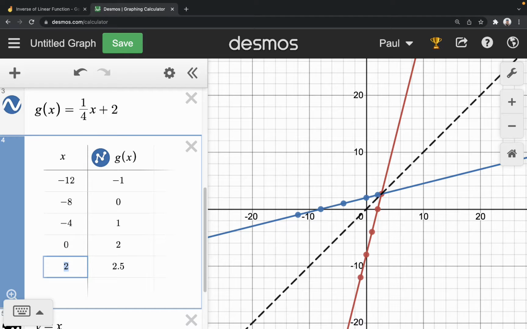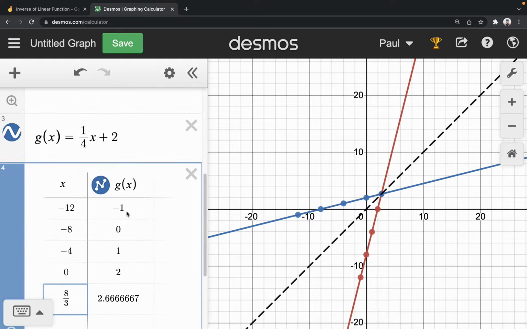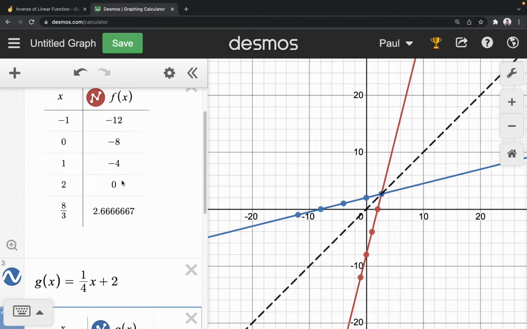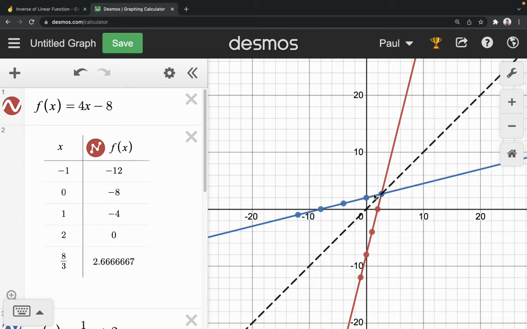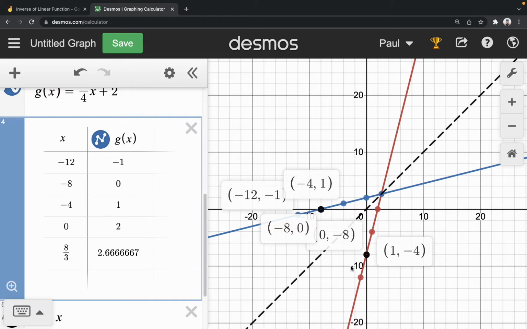And then the last one's that 8/3 where they meet. So now the outputs were my original inputs. Those two tables are perfect reflections of one another, flipping the inputs and outputs, and you see that magical relationship going on right there, diagonally across that y equals x line.